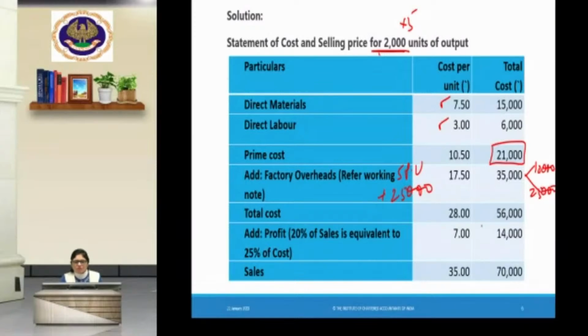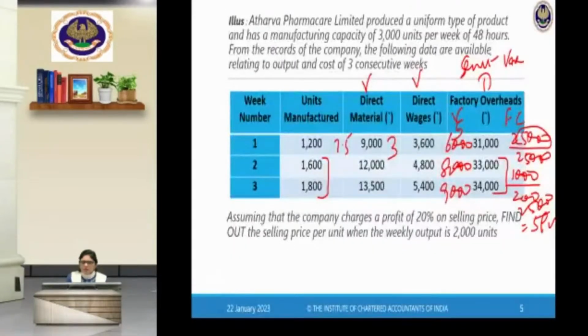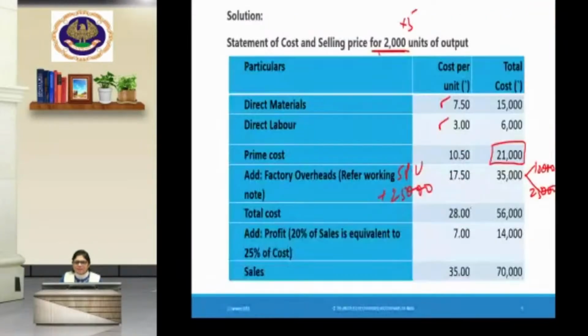Now here you have to charge profit of 25% on the selling price. So this is a mathematical thing. I hope you know how to calculate. 25% on sales is given, but you have to calculate on cost. So how do you calculate?